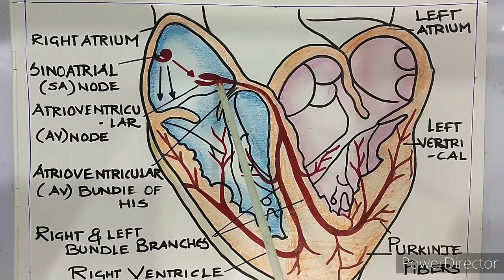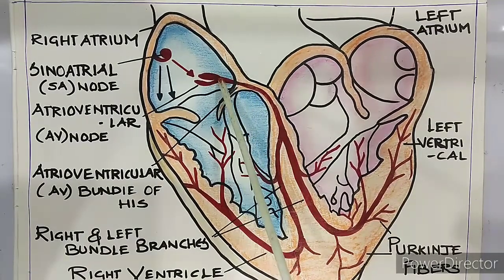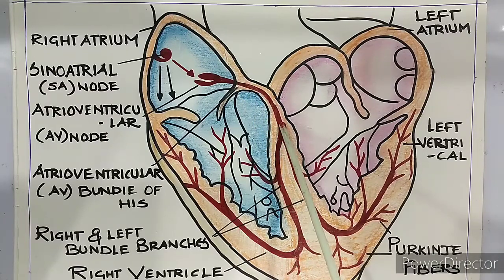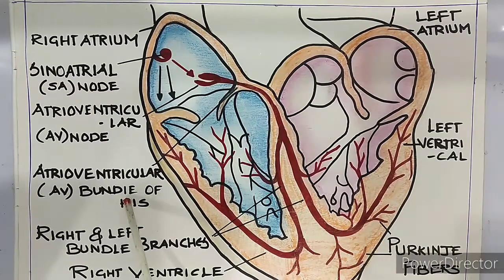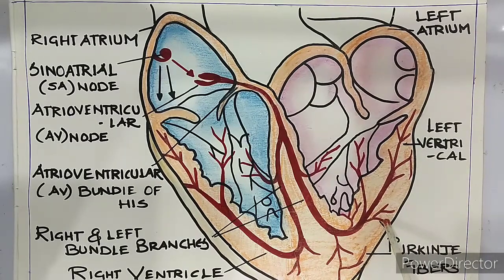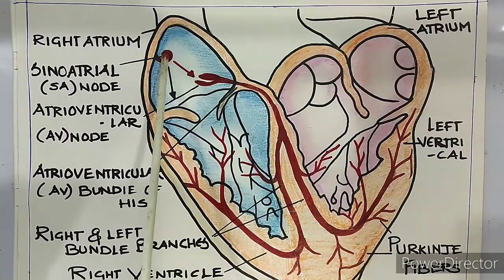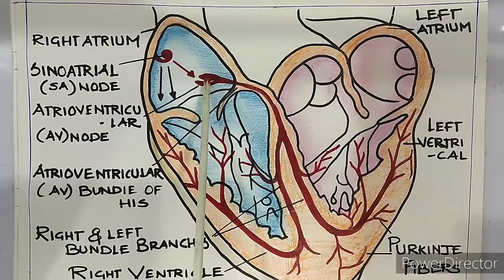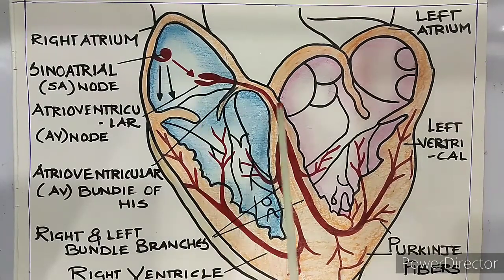Here, this AV node, when extended like a fiber, forms the bundles of His. Now this bundle of His further divides into very thin fibers called Purkinje fibers. So children, SA node, AV node, bundles of His and Purkinje fibers are the conducting tissues or the nodal tissue.